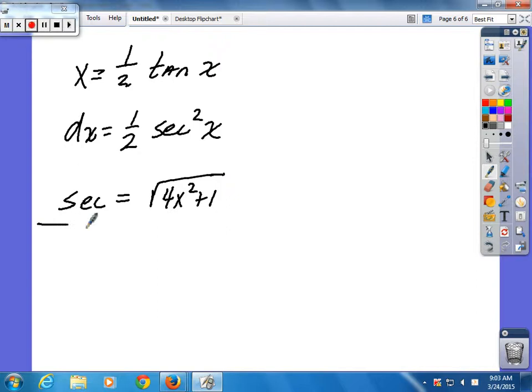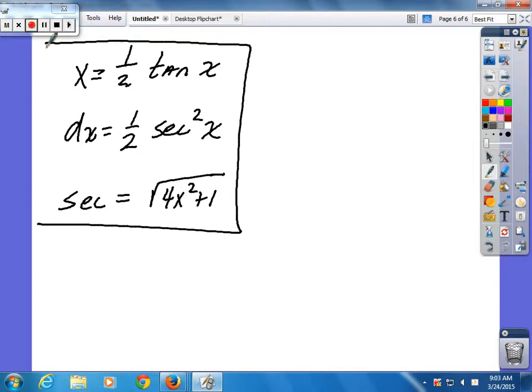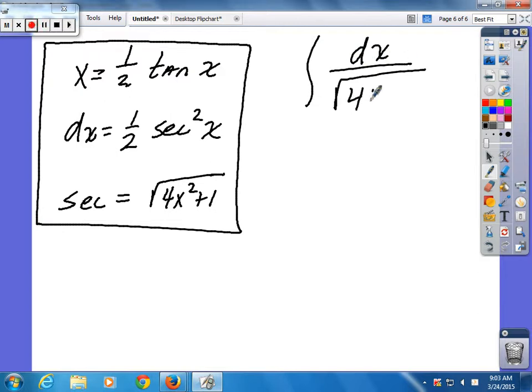Using these three things that we ascertained from the front of this page, we can rewrite the antiderivative of dx over the square root of 4x squared plus 1, make sure I wrote that down right, as the antiderivative of dx over what?